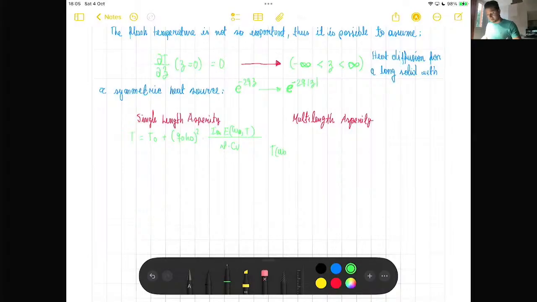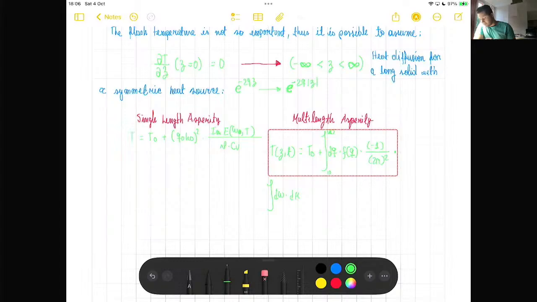T as a function of z, the vertical direction, and time is equal to the background temperature plus the integral from 0 to infinity of dq times the function f(q), times minus 1 divided by 2π squared, times a big integral, which is dω times dk.